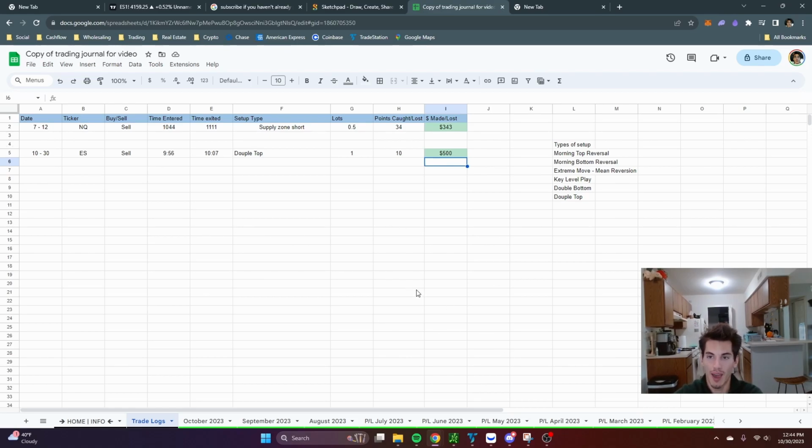The only thing that matters is how much you made on that trade. So that's what I have in trade logs, just to log everything. And if there are multiple trades, of course, literally just copy all of that, put it down, and edit the same thing. So you could have 2 trades on October 30th.